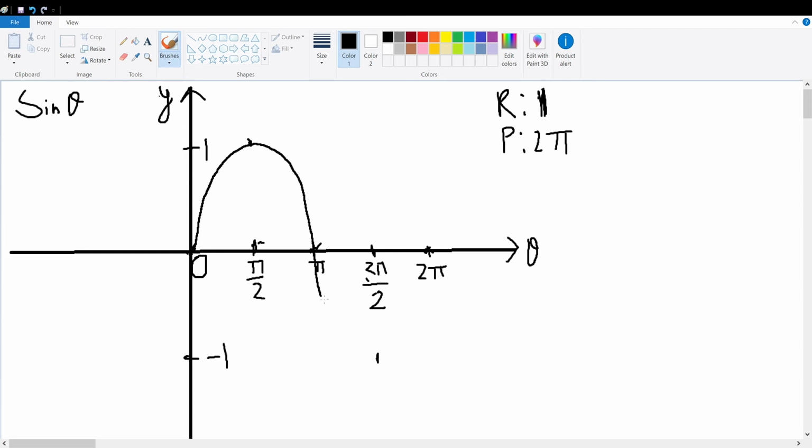It will be a curve, and it will remain a curve forever. And this function I've graphed out is only one period, which is 2 pi. So what do you mean by the graph repeating itself? Well, this little segment of the sine function will repeat itself for future revolutions.